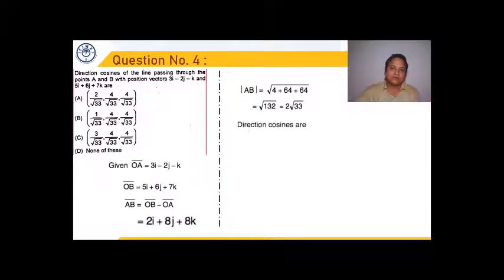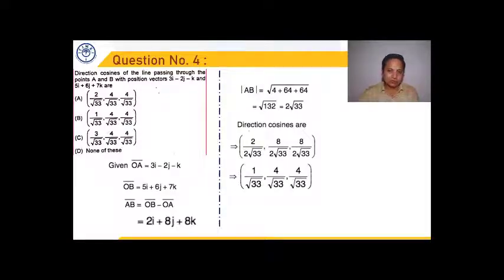Now since we need to find direction cosines, the coefficient of i, 2, divided by the modulus, that is 2 upon 2 root 33, 8 upon 2 root 33, 8 upon 2 root 33. 2 cancels out. This comes out to be 1 upon root 33, 4 upon root 33, 4 upon root 33. Now if we carefully look at the choices, one choice matches the direction cosines.